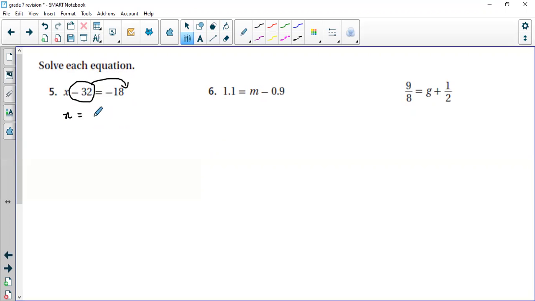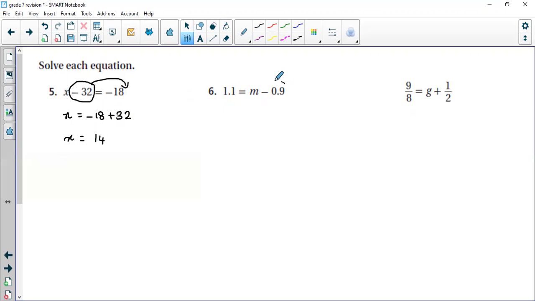So x is going to be equal to negative 18 plus 32. One is positive, one is negative. The rule is you need to subtract. So 32 minus 18 will give me 14. Now I keep the positive sign because 32 is bigger and it owns the positive sign. So it's going to be a positive 14.